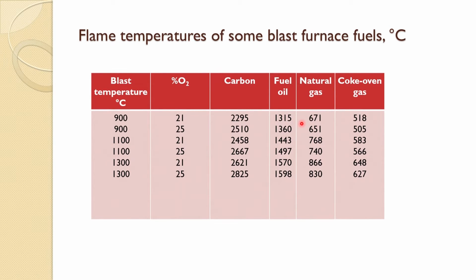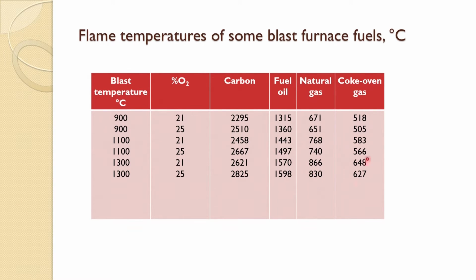And when you increase the blast temperature, you can see the flame temperature of all of those increases, but the flame temperature when using natural gas or coke oven gas hardly reaches more than 800 or so.